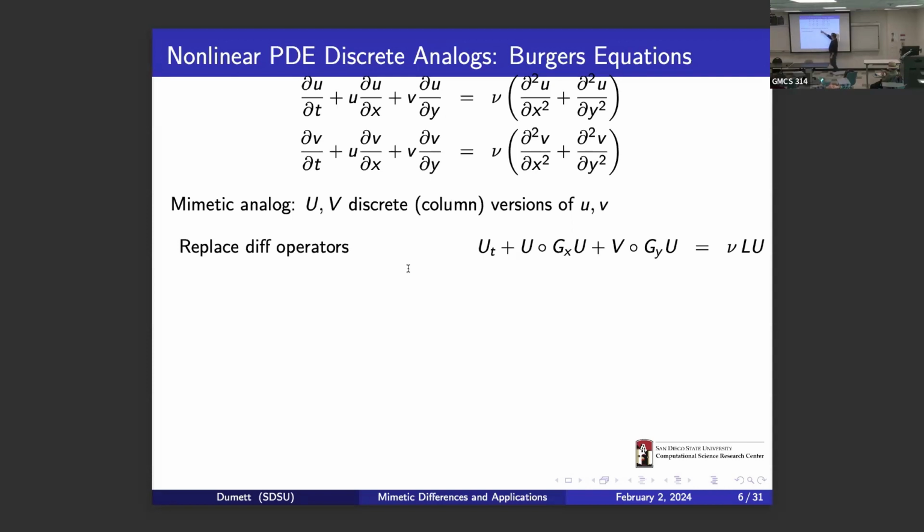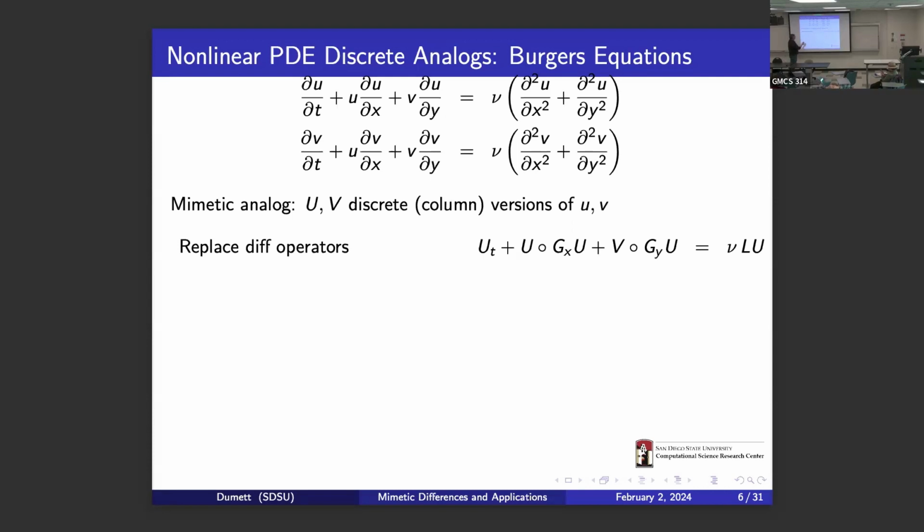The first one is ut, so the lowercase u is substituted by the uppercase U, which is the discrete version of u. But this is the derivative in time. Then we have here the gradient of u with respect to x. If we assume that u is a quantity that lives on the centers, this derivative is a gradient. And we have the gradient in x of u. This circle indicates some sort of multiplication between the two.